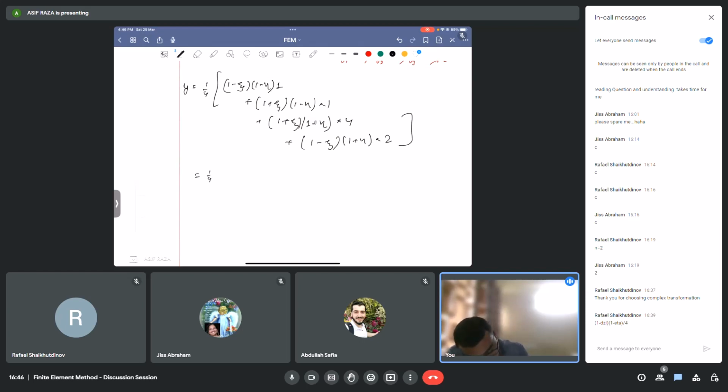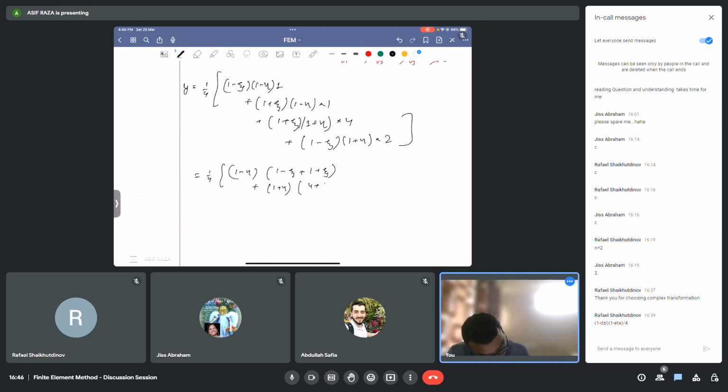Similarly I'll proceed in this one. I'll take 1 minus eta as common, so this will be equal to 1 minus xi plus 1 plus xi, plus 1 plus eta, I'll take common here for the other two.